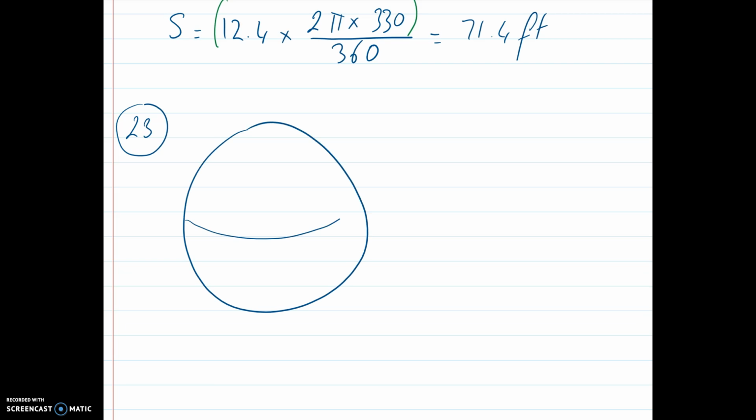If that is Earth, call that the center of the Earth.